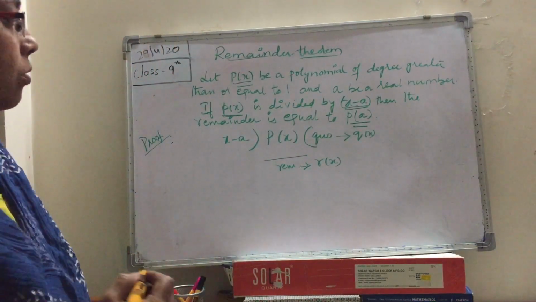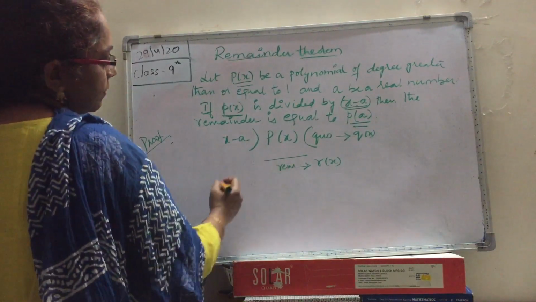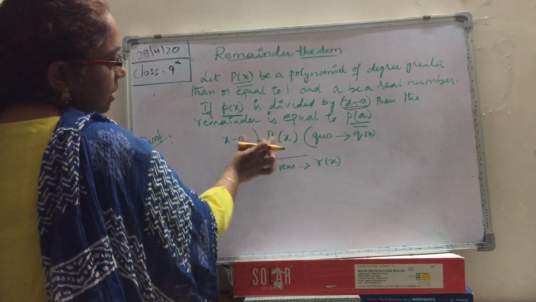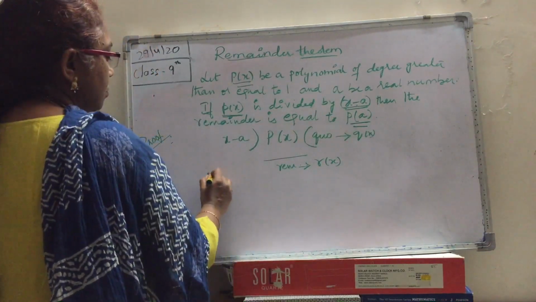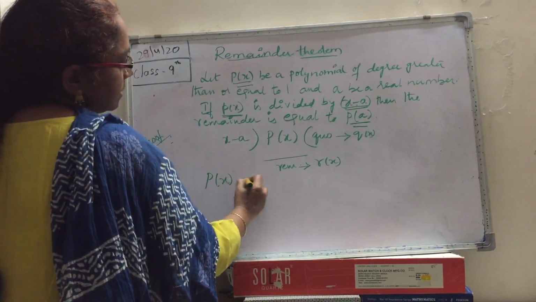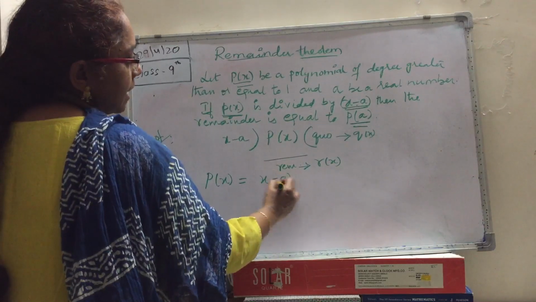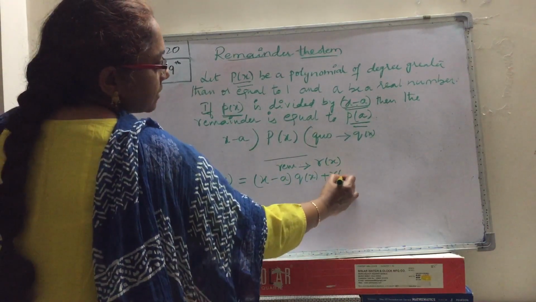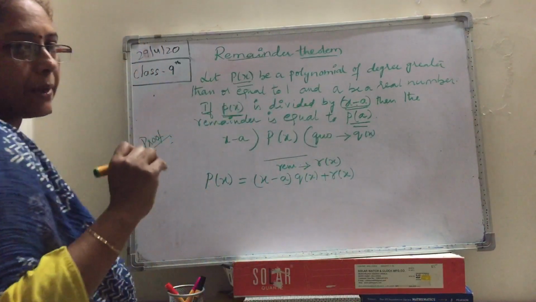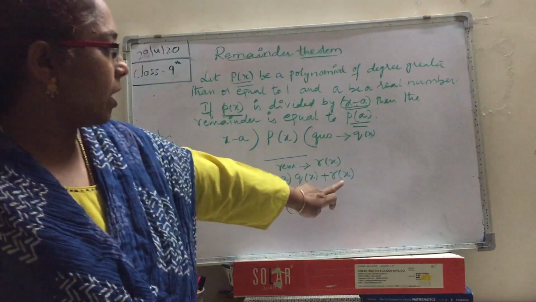Okay. Now apply the division rule. What is the division rule? Dividend is equal to divisor into quotient plus remainder. So according to this, P of x is equal to x minus a into q of x plus r of x. Okay. Now see, what is r of x?